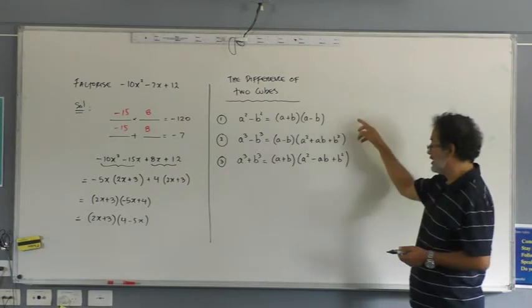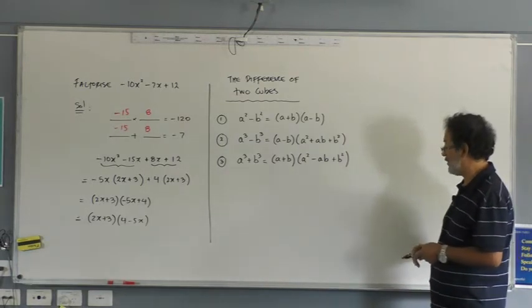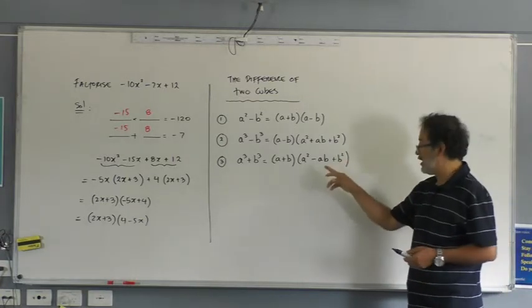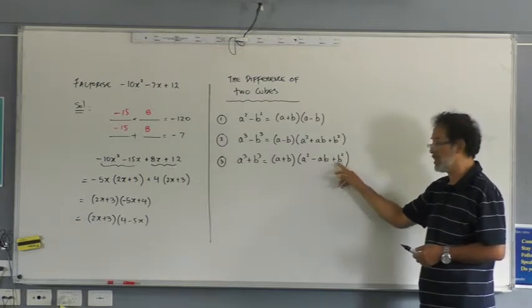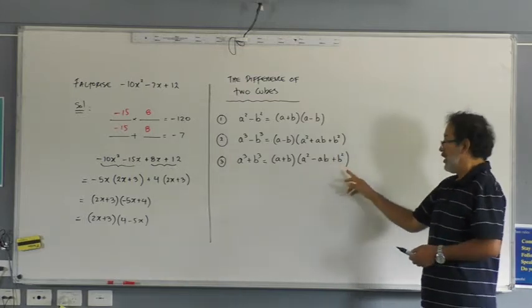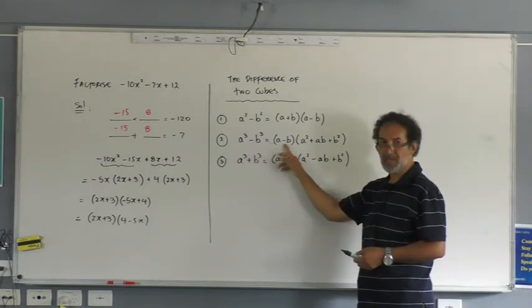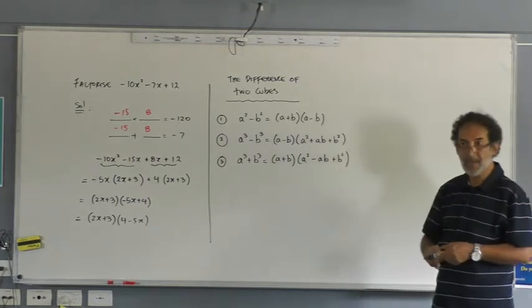All right, so these are the 3 formulas that we did last year. Okay, and we did a lot of stuff with these 3 formulas. Now, important thing. Okay, so you can see that the last term is all the way plus. It's plus b squared. You can see that if this is take away, then in here you're going to have take away. And you can see that if this is plus, then in here you're going to have plus. Okay, is that clear? Yes.